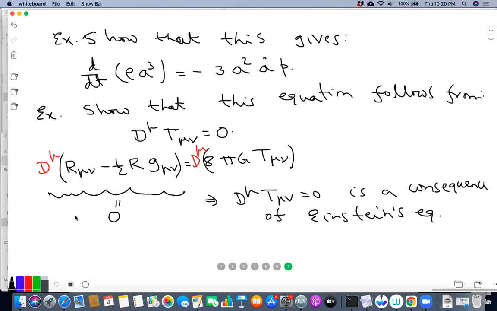So let me remind you again, the two equations are (ȧ/a)² + k/a² = (8πG/3)ρ. This is the Friedmann equation.